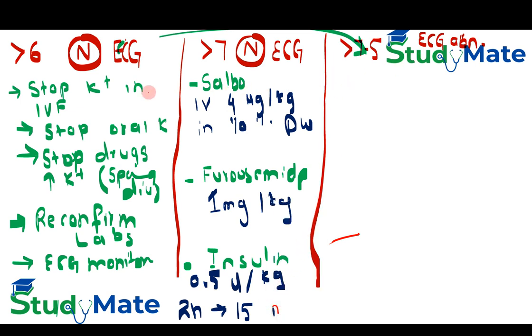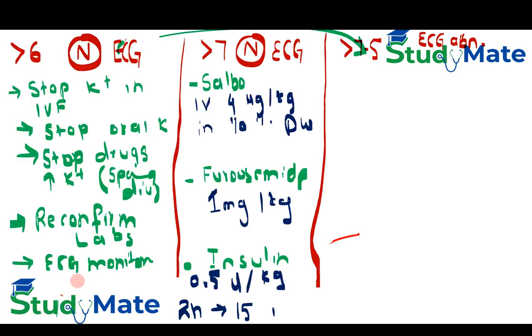Now, if a patient has hyperkalemia of more than 7.5, or if there is presence of ECG abnormalities, then what you should do? The third thing is this. You should give the patient calcium gluconate.